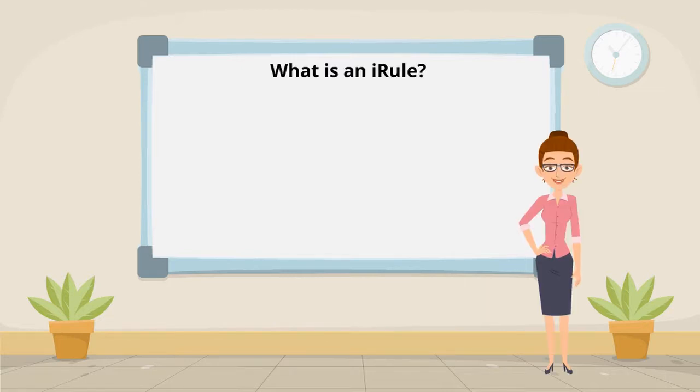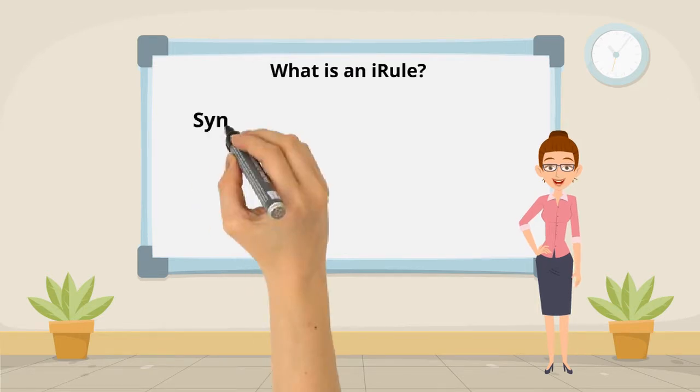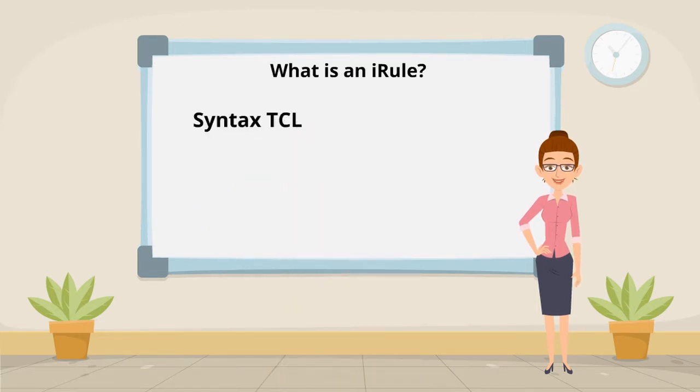An iRule is pretty much a syntax that's based off TCL, which is Tool Command Language, and extra LTM functionalities that are provided from the F5. What it allows you to do essentially is program some functionality that is not available via the CLI or the GUI.